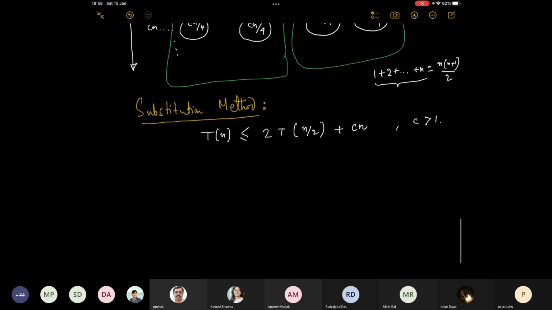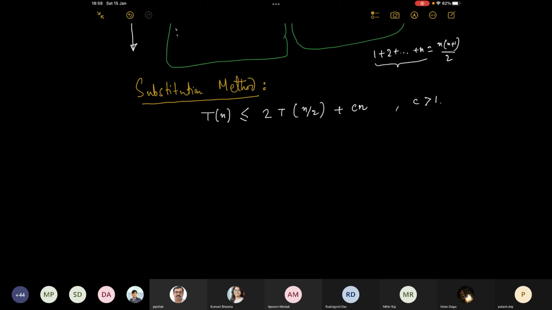Okay, let me do this. The first step, which is the most difficult or non-trivial step for the substitution method, is to guess the solution. It's like I want to know the solution, but you are telling me a method which starts with knowing the solution.